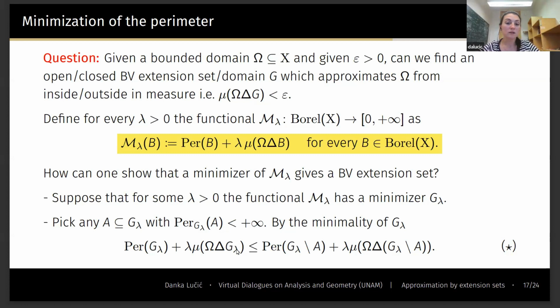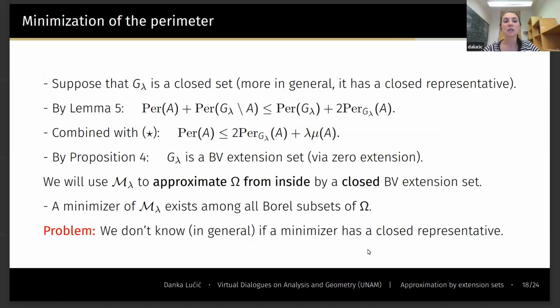By the minimality of G_lambda, this set is another candidate, and this inequality follows from the minimality of G_lambda. So this is something that you have. Then let us suppose that this G_lambda is a closed set, or more in general, it's enough to say that it has a closed representative.